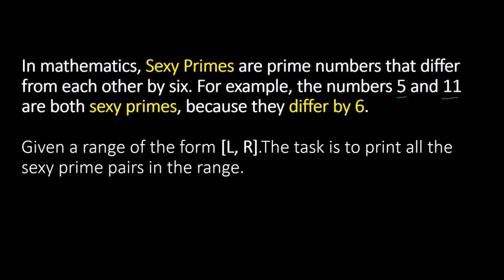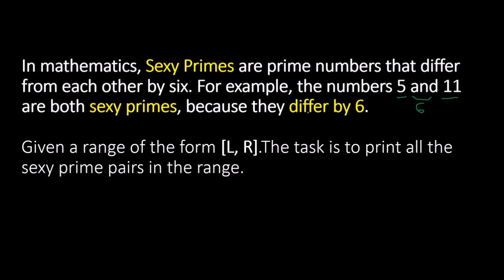You cannot divide 11 totally by 2, because you'll get 10 and you'll get a remainder. So you cannot divide 11 completely by any other numbers apart from 1 and 11 itself. So those are called prime numbers, and 5 is also a prime number. The difference between these two is 6, and that is why they are called sexy primes.